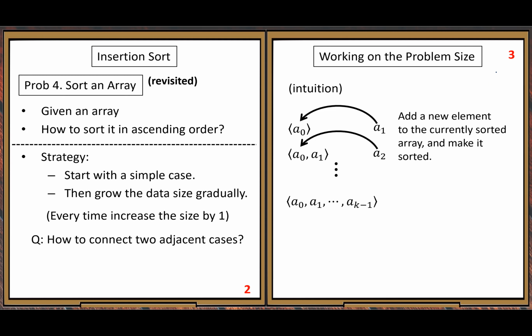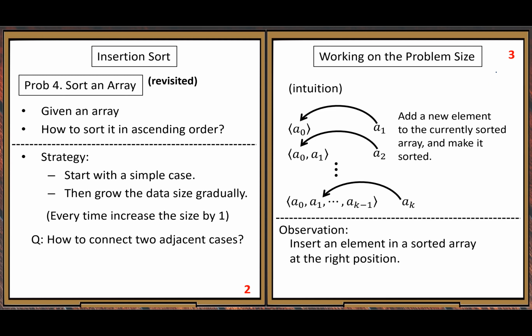We'll keep going when we have a current array already sorted. But now we need to add a new element, A sub k, into it. And we need to do one special operation. We insert an element in a sorted array at the right position. We need to find the right position, then do the insertion.